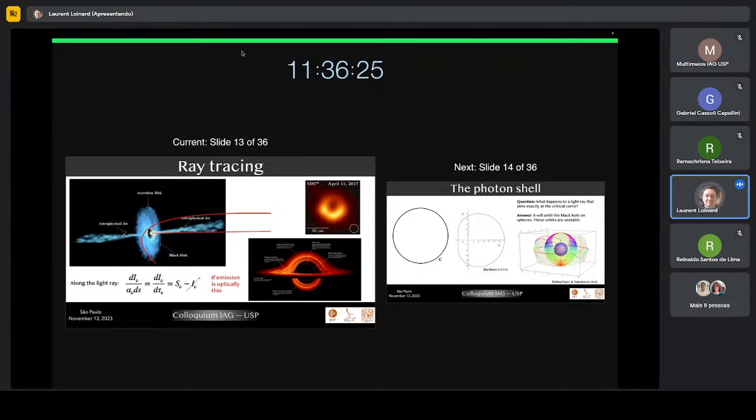If you follow one light ray, it goes around the black hole. So along that same light ray, you're going to see material that's in front here, but you're also going to see material that's in the back. So you're going to see an image also of the back of the black hole. This really comes from combining the shape of these light rays, of these geodesics, and the radiative transfer equation.